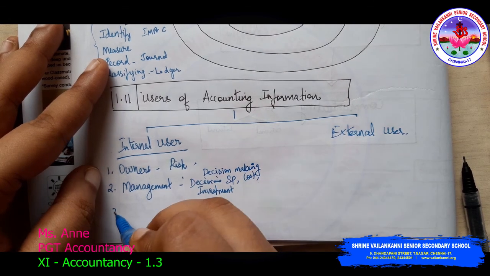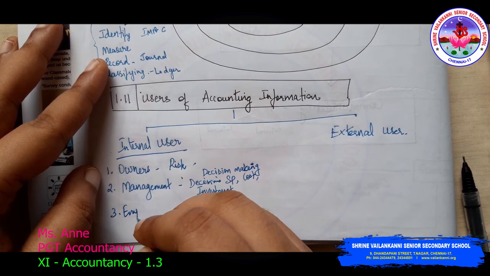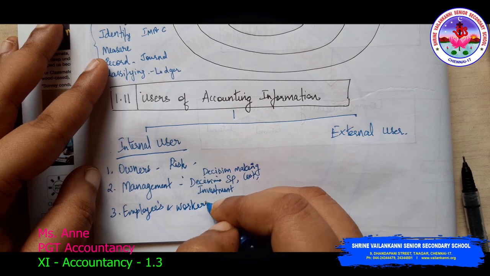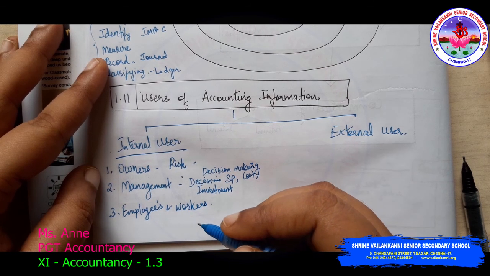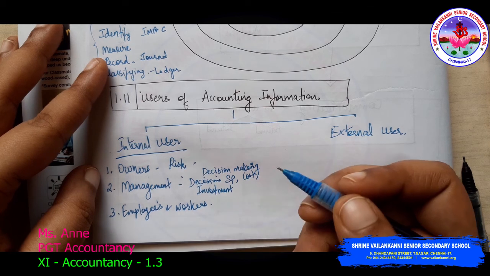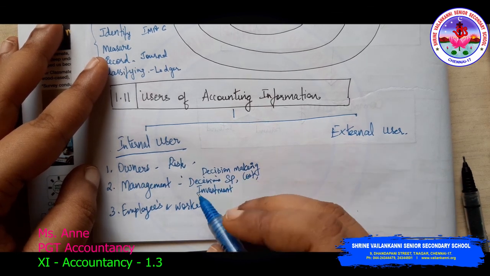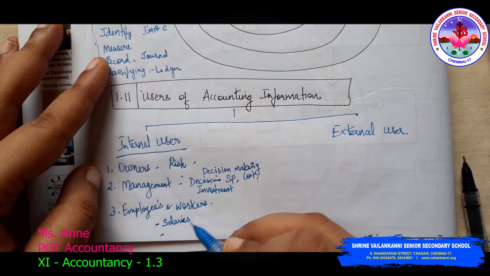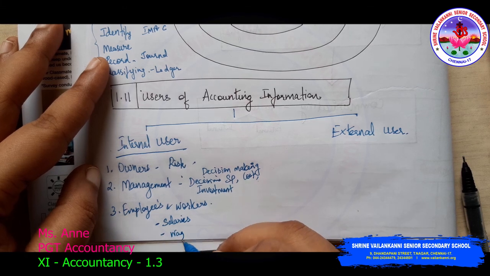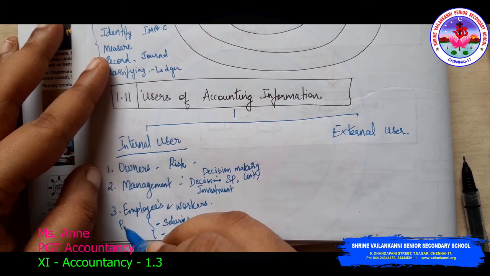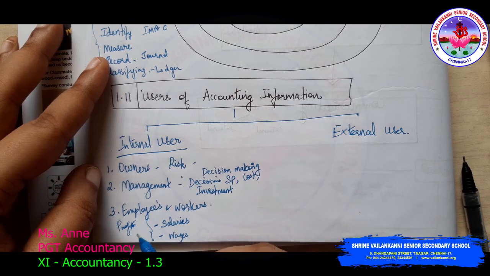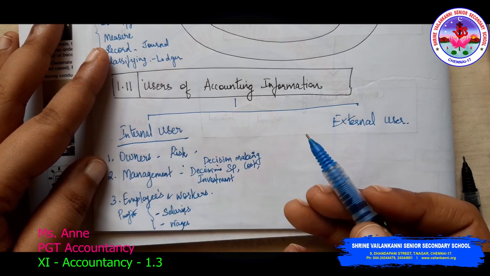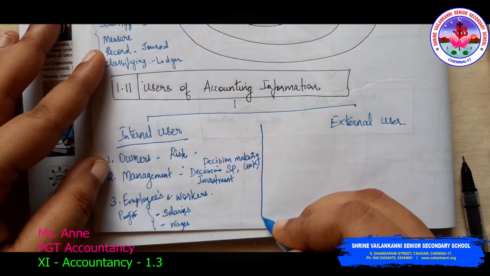The third is employees and workers. They are interested to know how the organization is doing, because employees have to get salaries and workers need to get wages. It is a charge against the profit. So they will be interested whether the company is doing well or not. This is internal users.